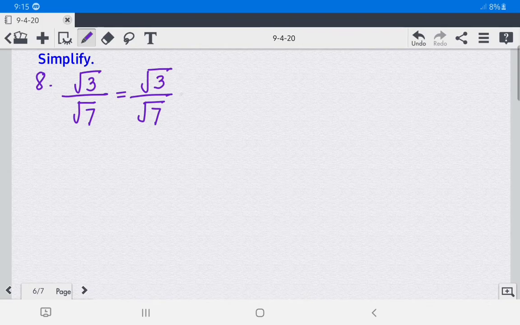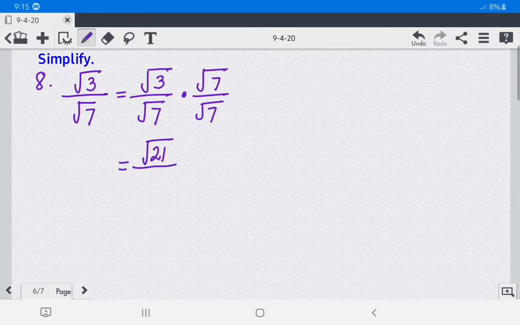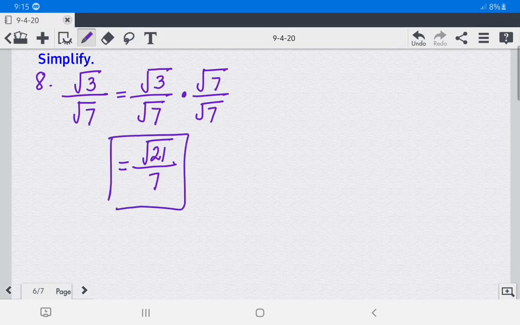So, we have to multiply this by square root of 7 over square root of 7. Then, multiply 3 times 7, we have 21. So, square root of 21 over square root of 7 times square root of 7, we have square root of 49, which is 7. Okay? So, this is the answer for number 8.